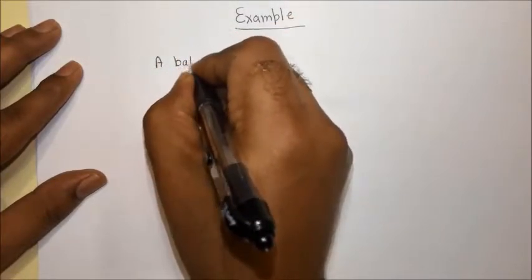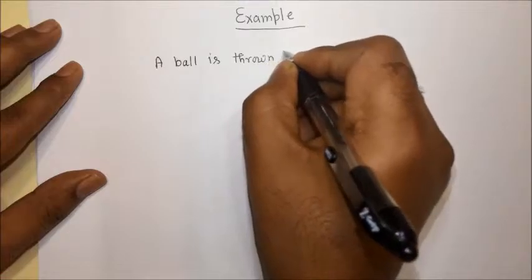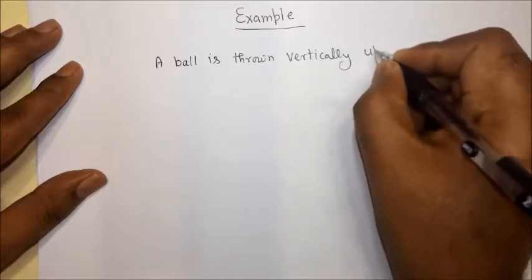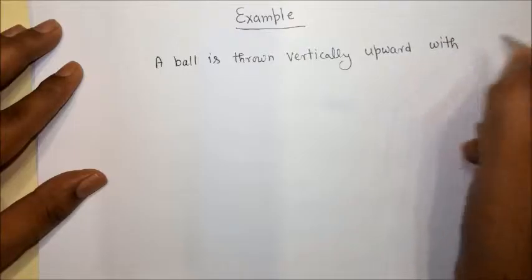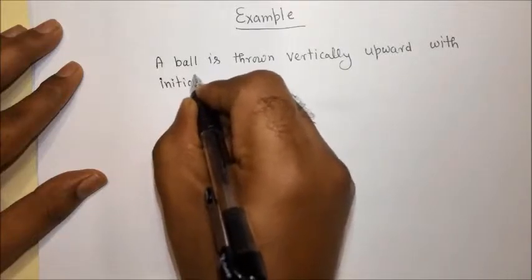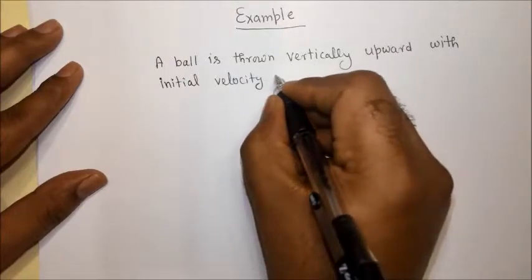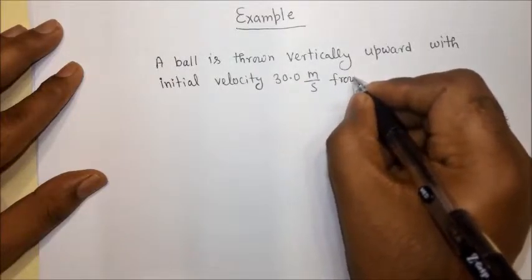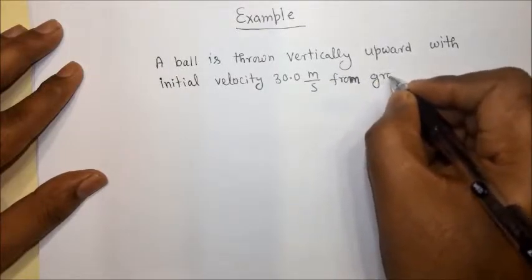Let's do another example. A ball is thrown vertically upward with initial velocity 30.0 meter per second from ground.